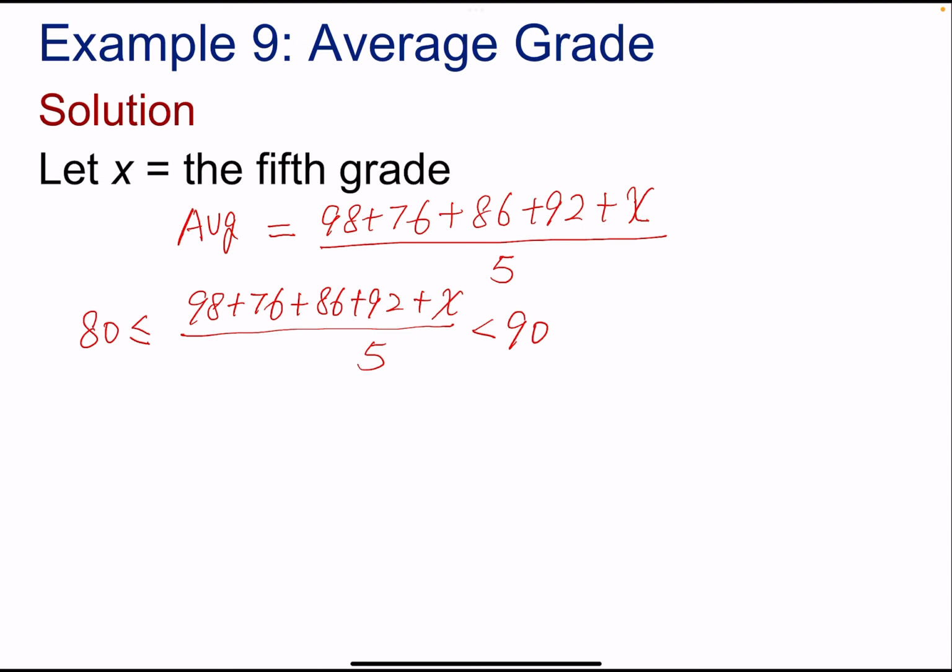How to solve this? Well, we need to get rid of the denominator, so we multiply every side by 5.